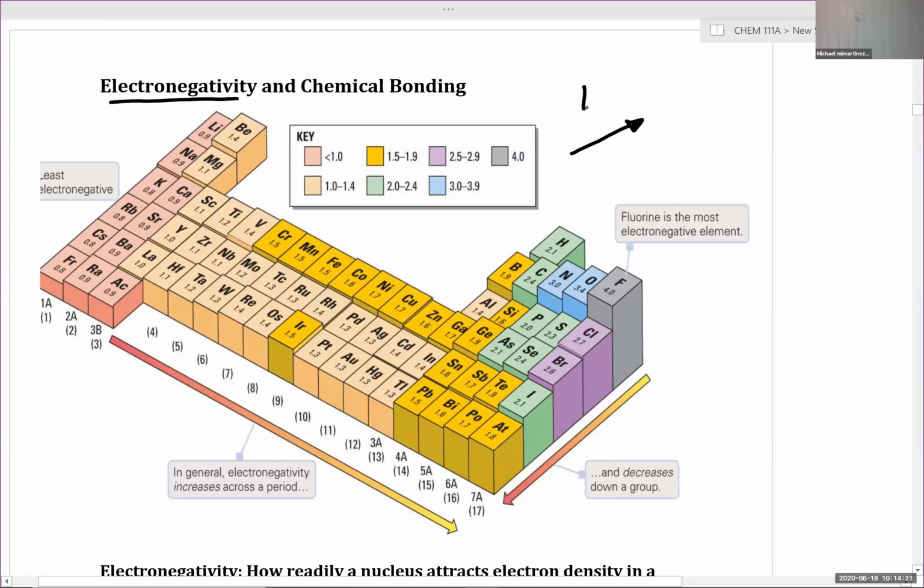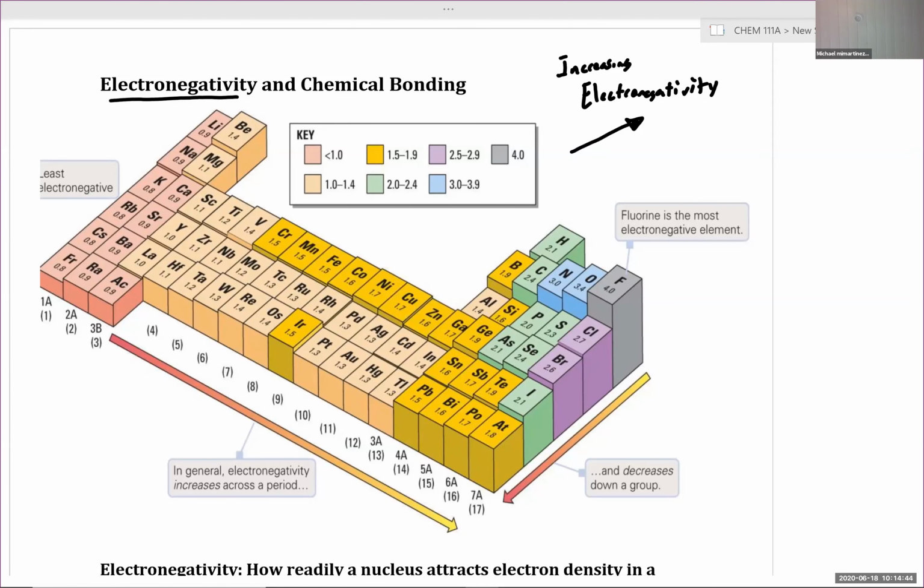This arrow indicates increasing electronegativity. So just graphically, we can conclude as we go to the right and up the periodic table towards fluorine, the electronegativity of our elements increases.